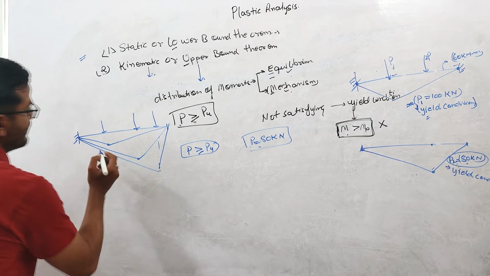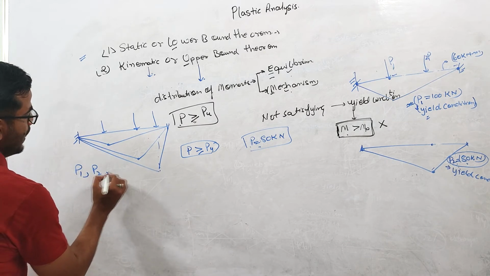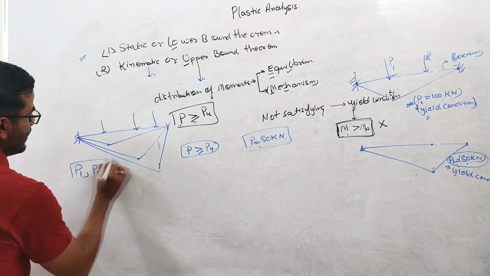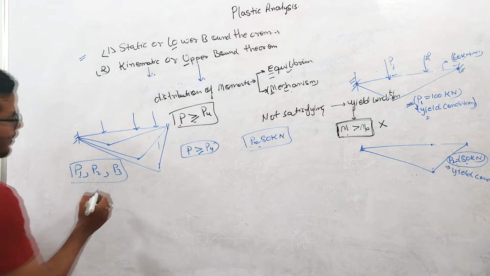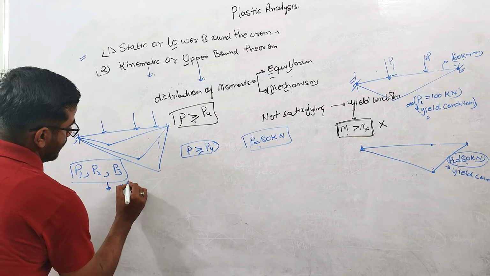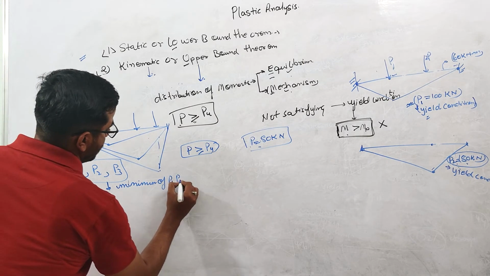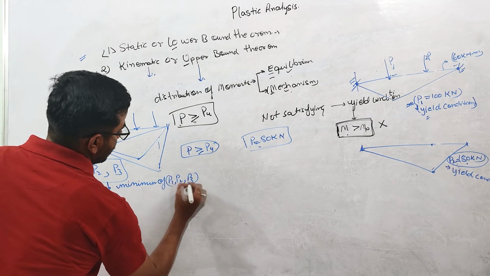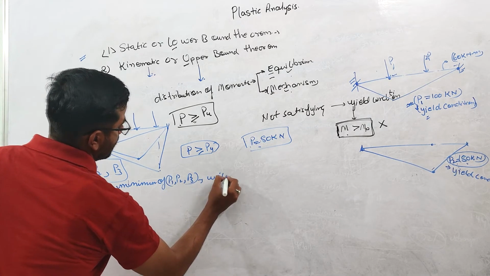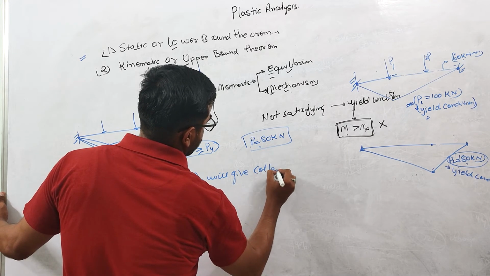So for the first case you calculate the value P1, for the second case P2, and for the third case P3. So the minimum of P1, P2, P3 will give the collapse load.